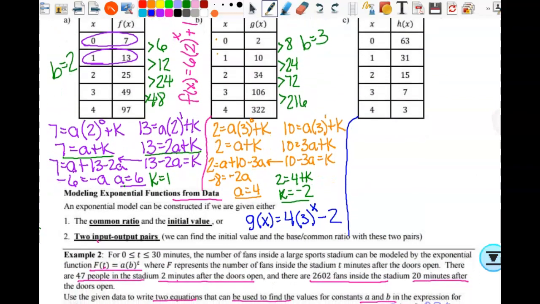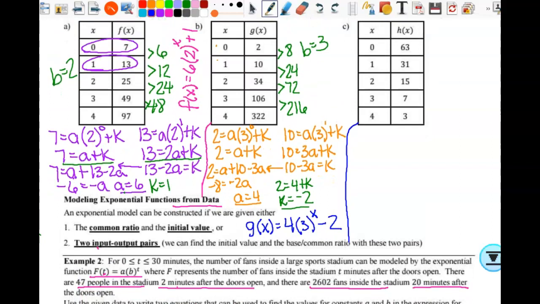On C, go ahead and find your B value. What does B equal?